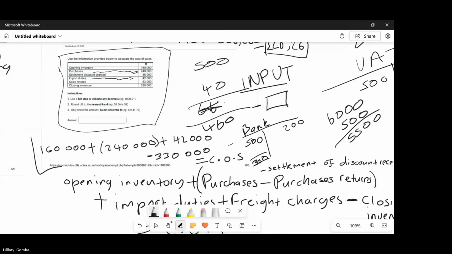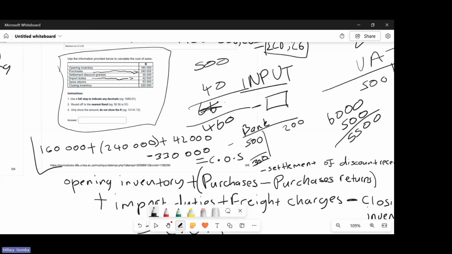We don't account for sales returns. No, we don't, because remember, we're dealing with cost of sales. When you're dealing with your purchases and trying to get cost of sales, we're not dealing with sales itself, but we want to calculate the cost of sales. So it doesn't affect it, unless the question says, what is the gross profit? If they ask you what is the gross profit, you still do the same transaction that we did.